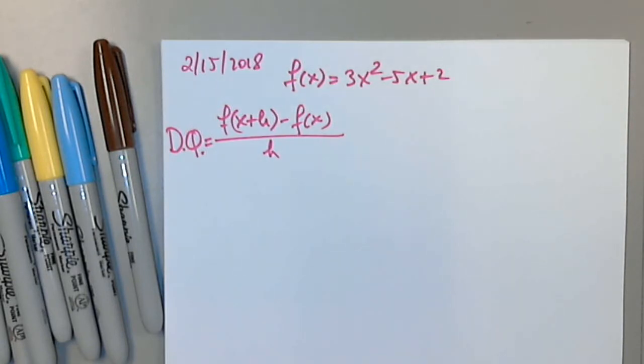So what is the second thing that has to happen for any function when I determine the difference quotient?